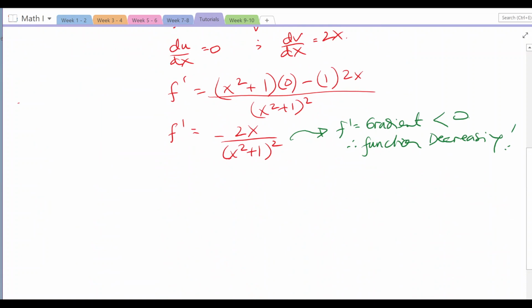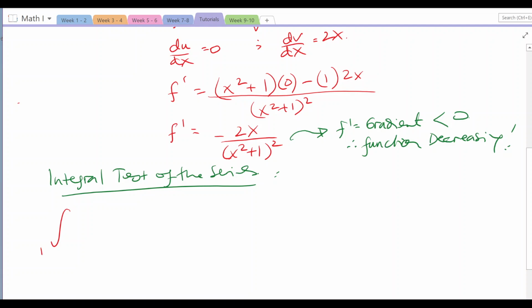We're checking the integral test of the series, meaning we're taking the integral between 1 and infinity of the series, which is 1 over n squared plus 1, dx.